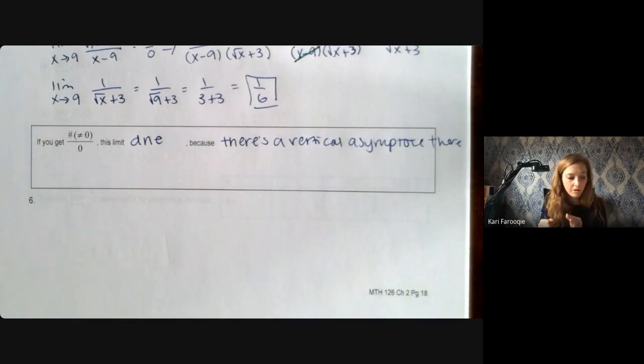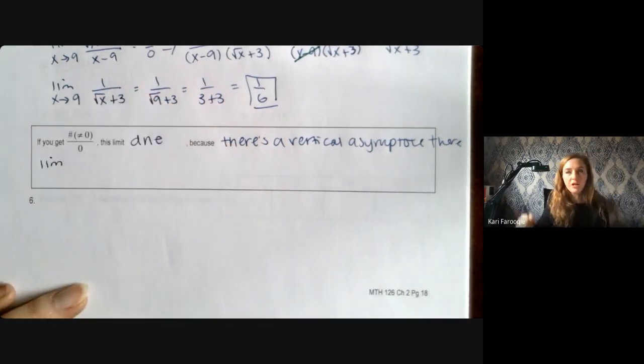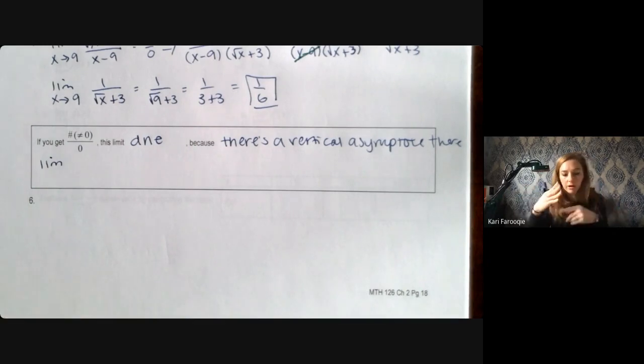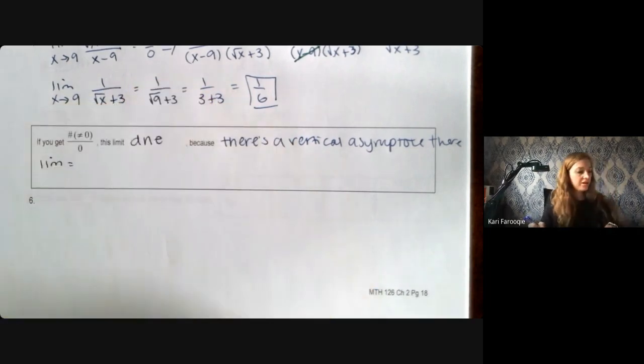The limit's going to either be infinity from one side or negative infinity from one side or vice versa. So the limit is either equal to plus or minus infinity.